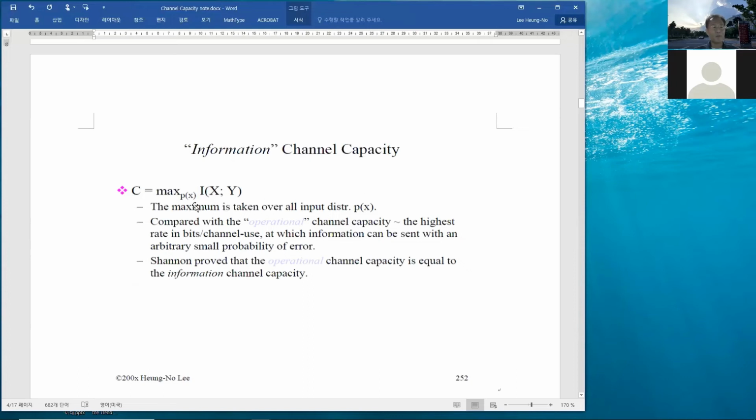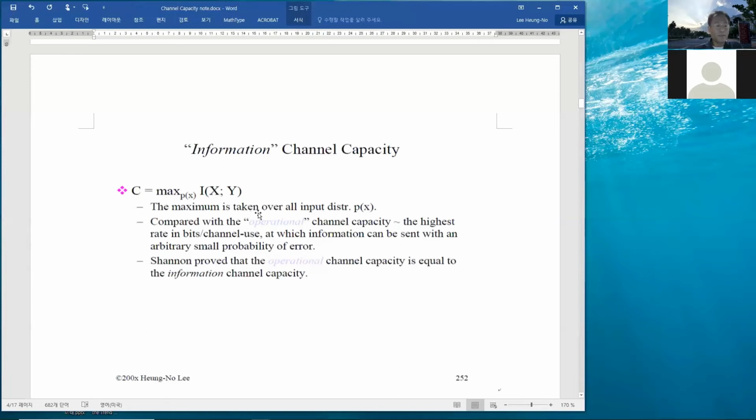So this maximum is well defined. You can find the maximum C. You can do the maximization and find C.